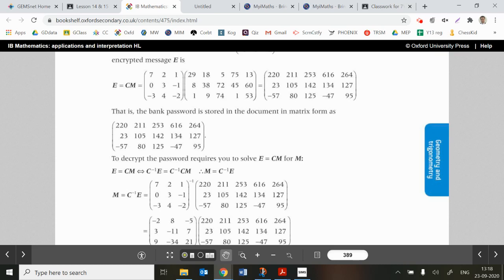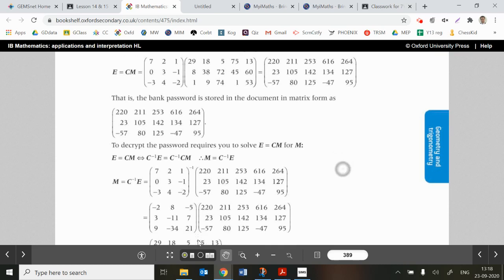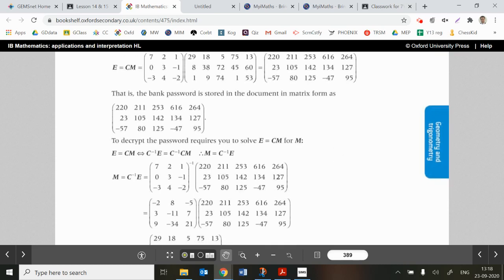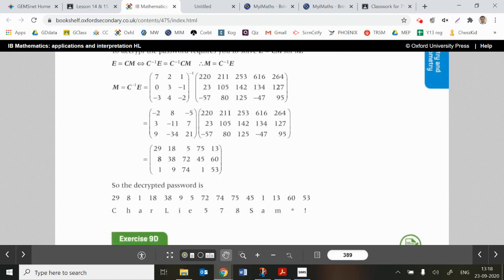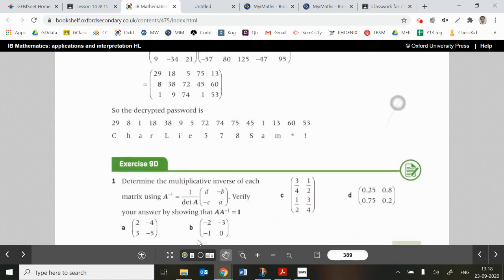So the inverse cipher in this case is just that 3x3 matrix to the power -1, actually writing down what it is underneath. Apply it to your encrypted message, and you will get back to your original password, which is of course in code still, in the numerical versions, but then we can turn that into letters afterwards as well. So there's a possibility for encrypting and decrypting messages using matrices.